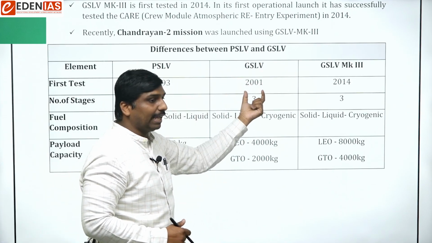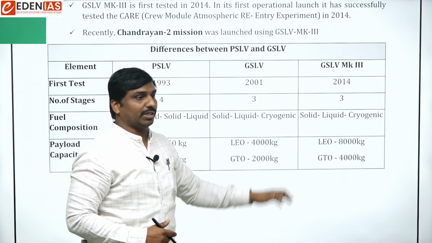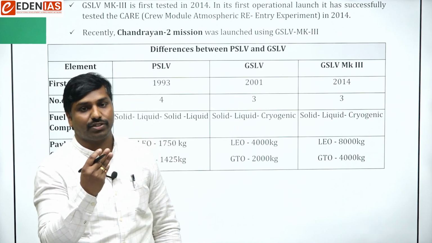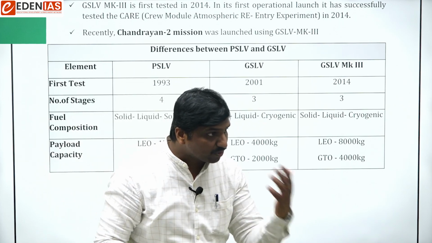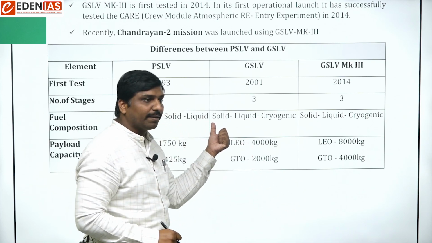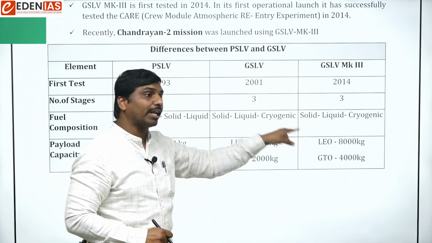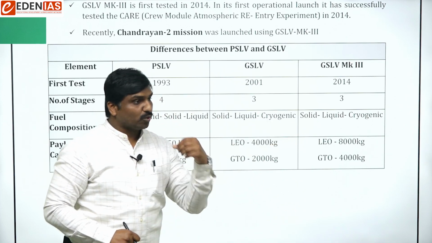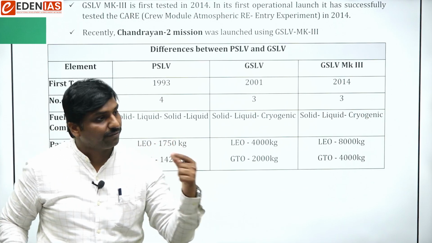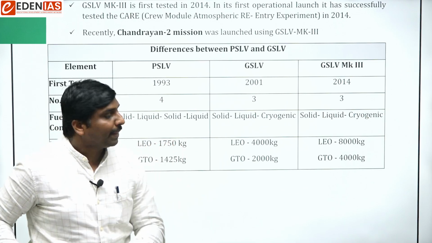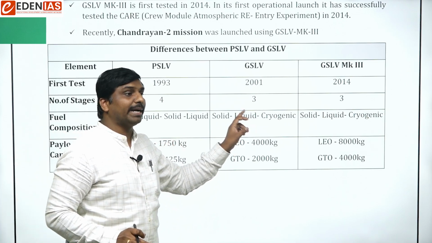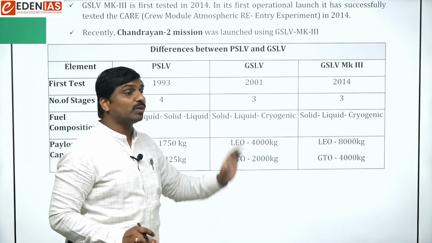Okay. So in a similar fashion, if you see GSLV, it is the 4th generation launch vehicle. So it will have 3-stage fuel. The number of stages would be 3. So what are those stages? Solid, liquid, and cryogenic fuel. Okay. So solid fuel would be made up of HTPB, and liquid fuel would be made up of UDHM, and cryogenic fuel.